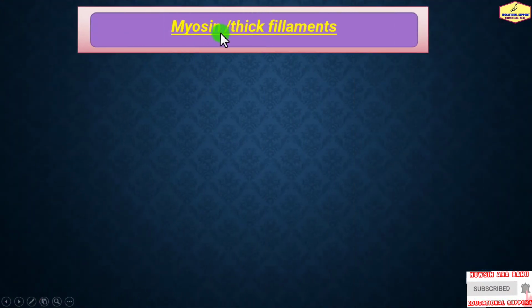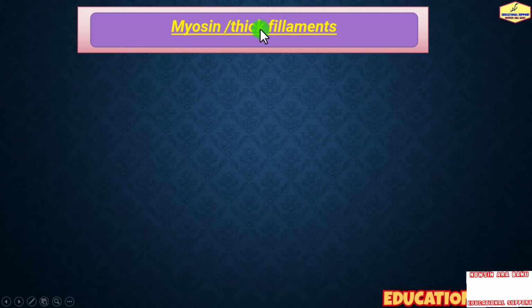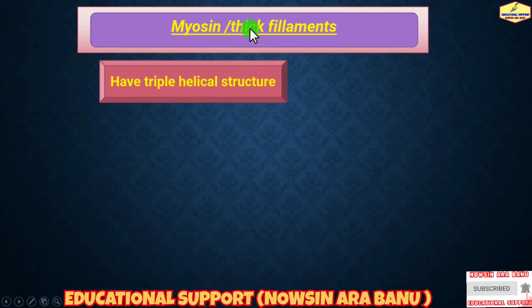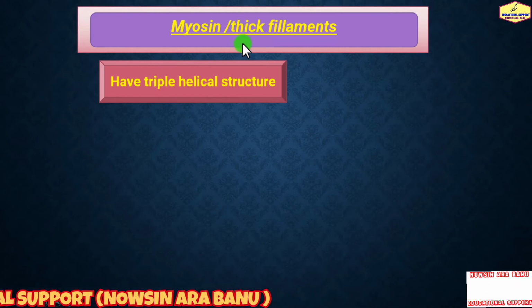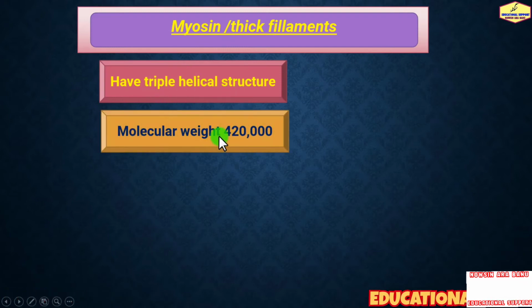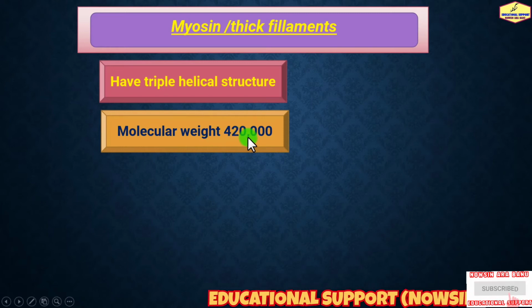So next is myosin or thick filament. A single filament contains roughly 300 myosin molecules and has a triple helical structure, and the molecular weight is 420,000.